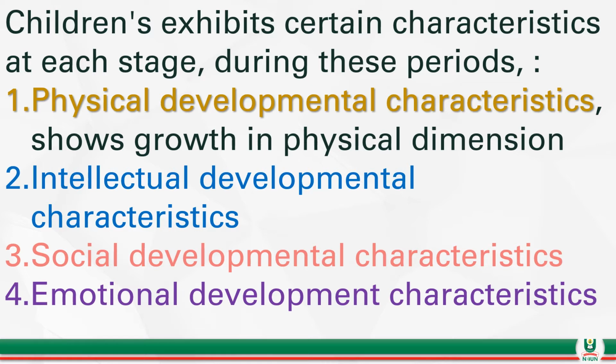Then there is intellectual development. This shows the ability of the child to make use of the brain. The intellectual could be in language acquisition, could be in interpretation of what the child sees within the environment.